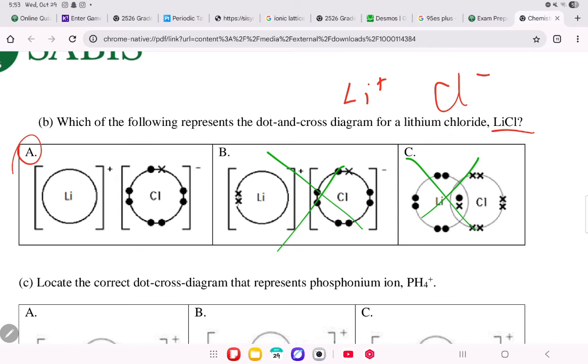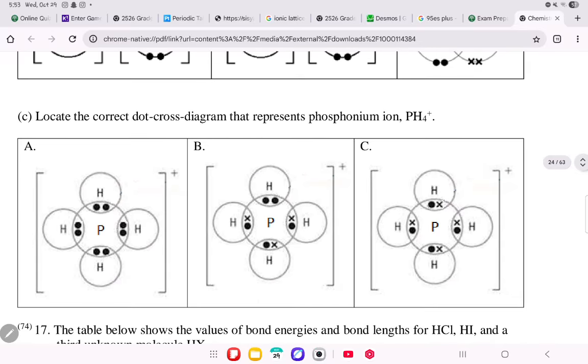And then C, locate the dot and cross diagram that represents PH4 plus. So first of all, we get rid of this because all of the electrons are from phosphorus. That does not make sense. Second of all, phosphorus is in group 5. Meaning if we did draw it, it would be phosphorus P like this.